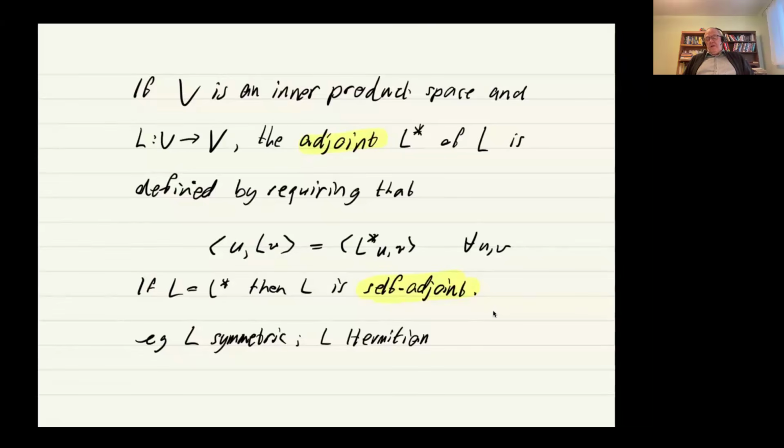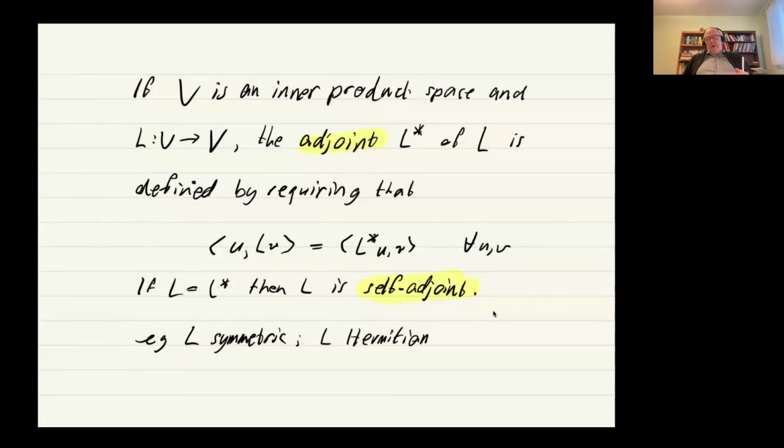So if you're using the ordinary real matrices and the ordinary inner product, then that star is just a transpose. It says when you move the operator across the inner product, you replace the L by an L transpose. And if it's symmetric, it doesn't change, of course, and that's why it's important to be symmetric.